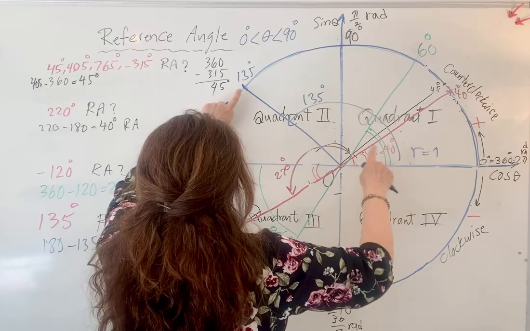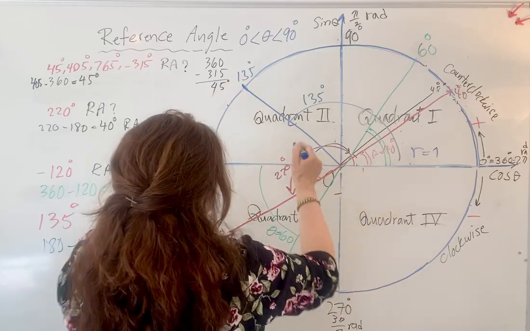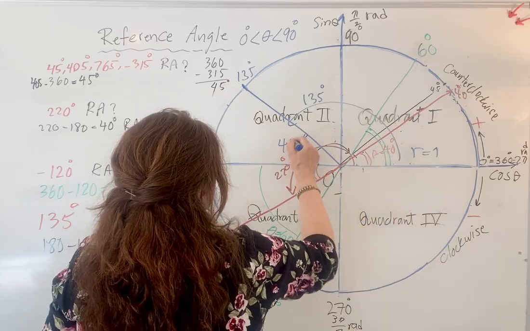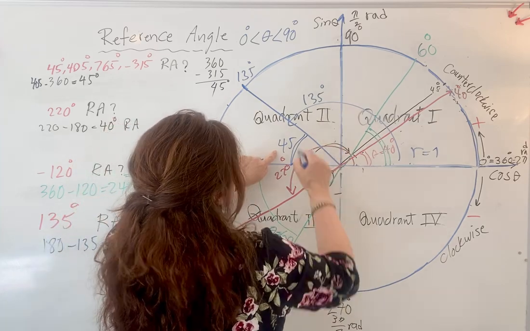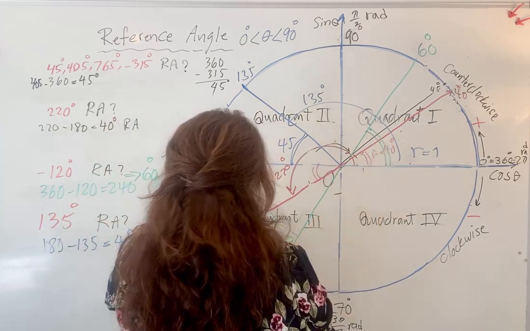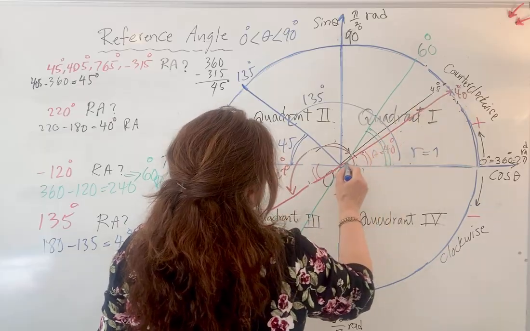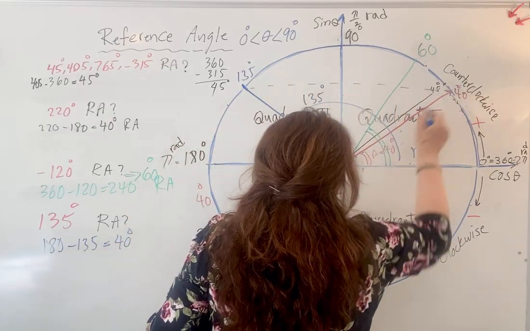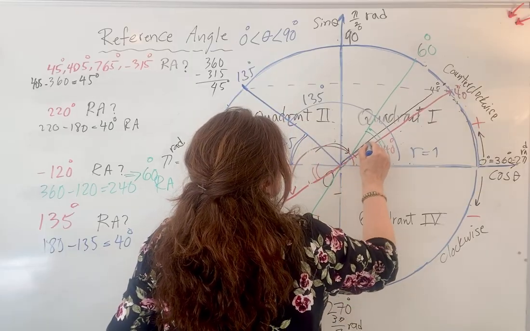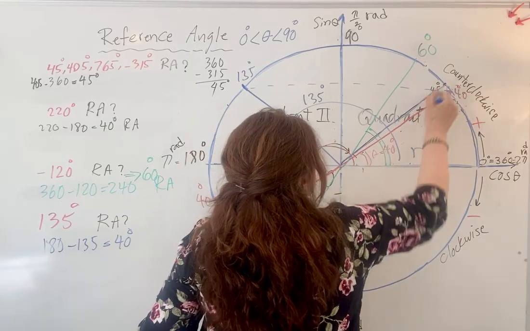But you see here, this one is 45. This 45 is exactly the sine and cosine of the other side 45. This one is 45 too.